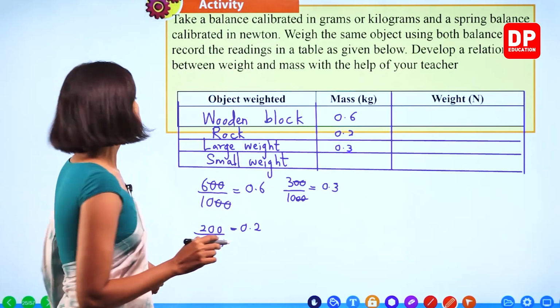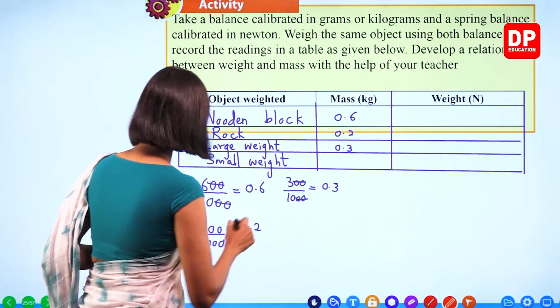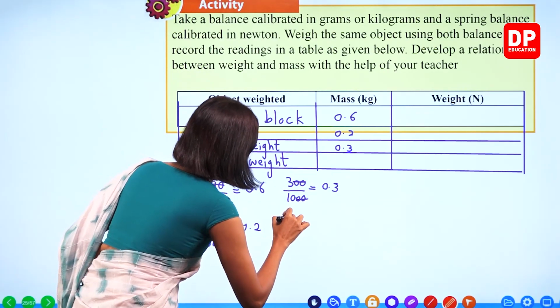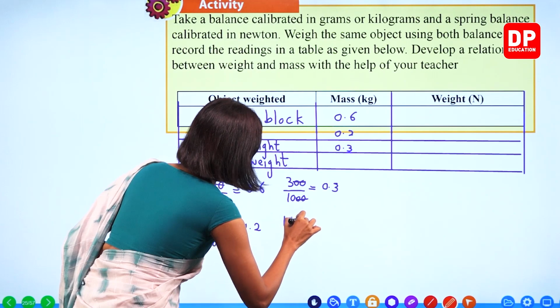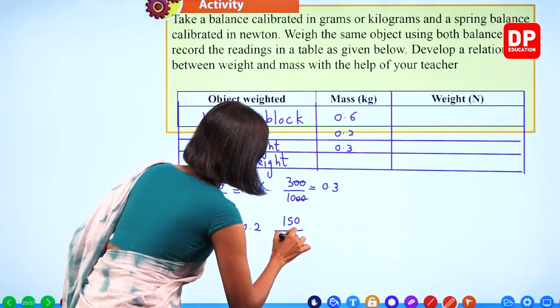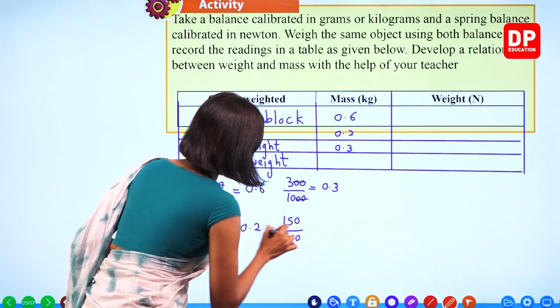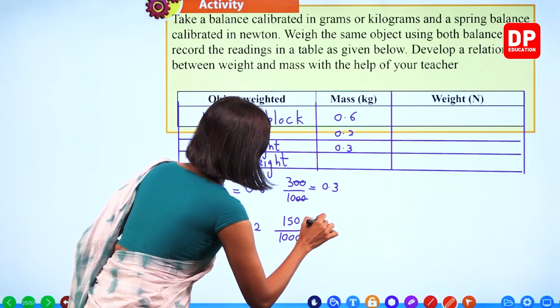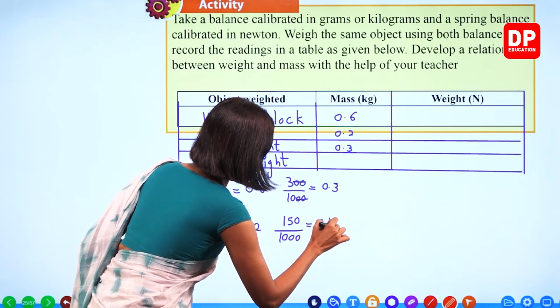Right, children? What was the mass of the small weight? It was 150 grams. We'll convert it into kilograms by dividing it by 1000. So the answer is 0.15.